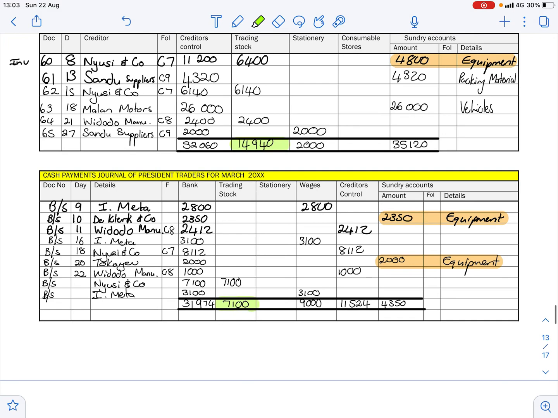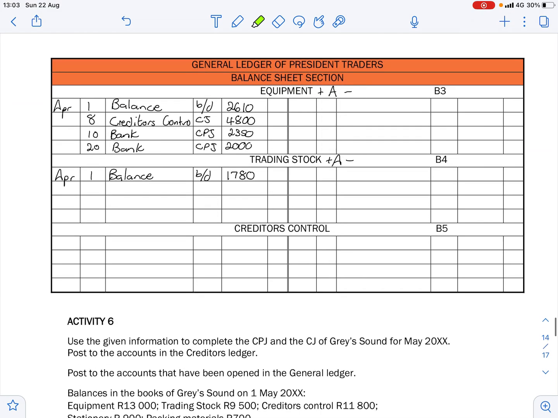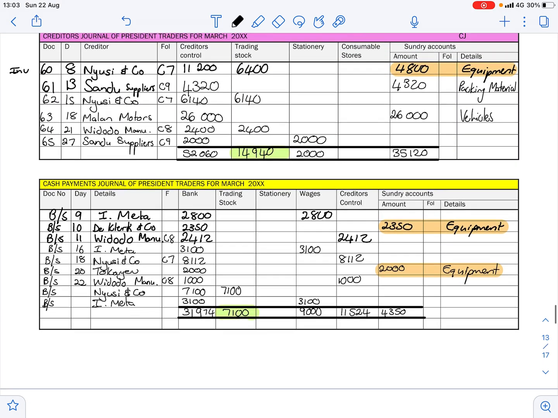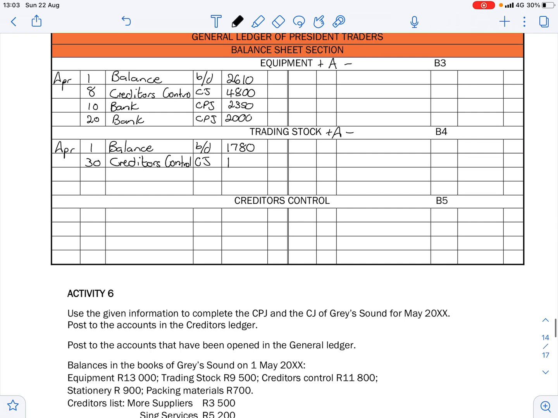So first, on the last day of April, the 30th of April, we use our contra account creditors control, from the CJ, and the total amount of stock which we bought on credit was 14,940 Rand. Alright, we also bought trading stock for cash.